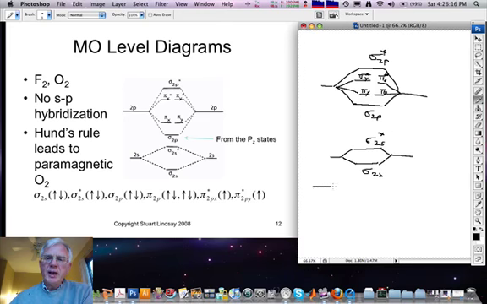Let's take a look at filling these states up for the case of O2. Oxygen, which has 8 electrons, has 2 of them in the 1s2 states, and therefore we have a total of 6 electrons from each oxygen atom for a total of 12 on the molecule. So let's fill up these states then with 12 electrons starting from the lowest energy levels.